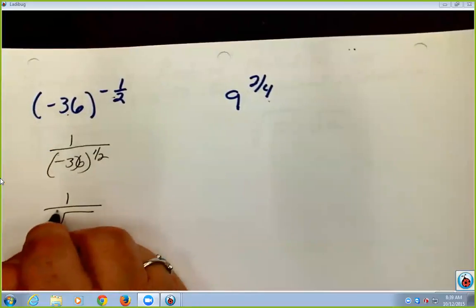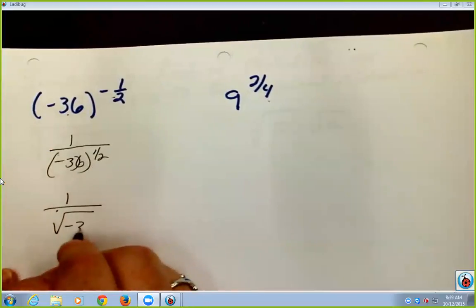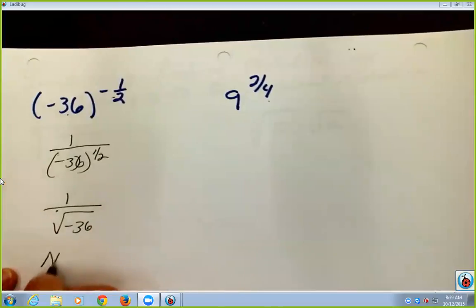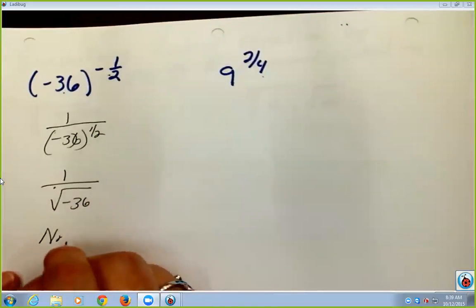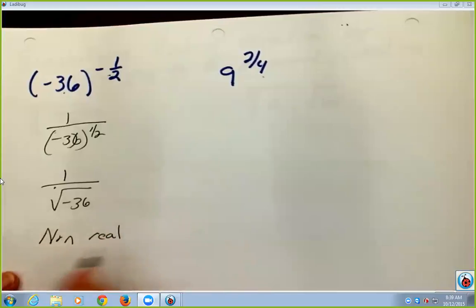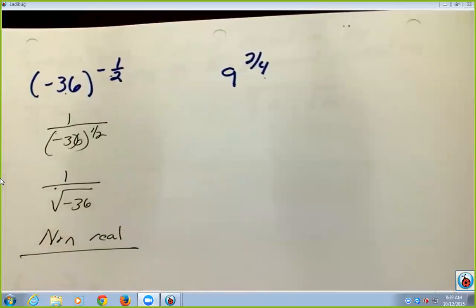But if I reverse this, square root of a negative 36, we end up with one of those non-real values. So I can't really work it out, because of the negative in there with that negative 36.